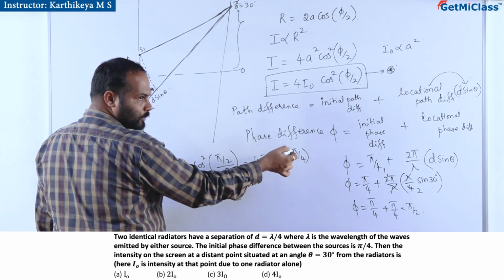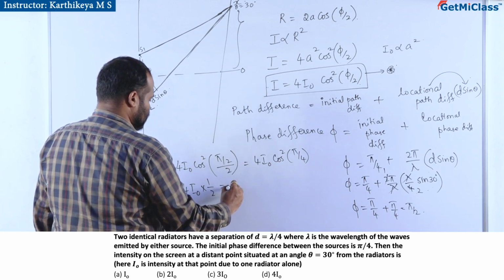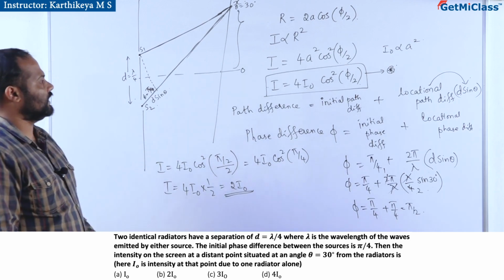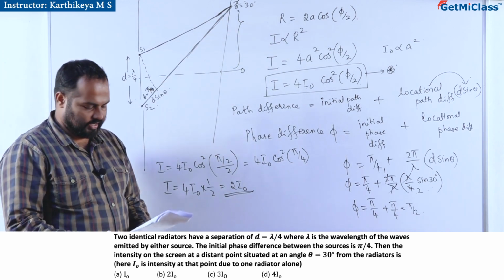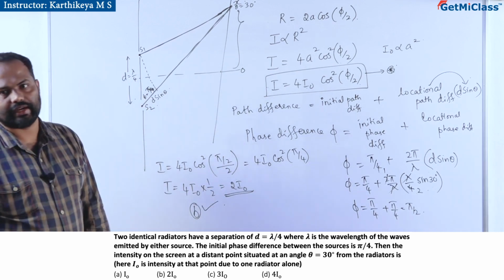Cos pi by 4 is 1 by root 2. Its square is half. So it is 2 I naught. The resultant intensity that we are going to get is 2 I naught at the location. Hence option B is the right answer.